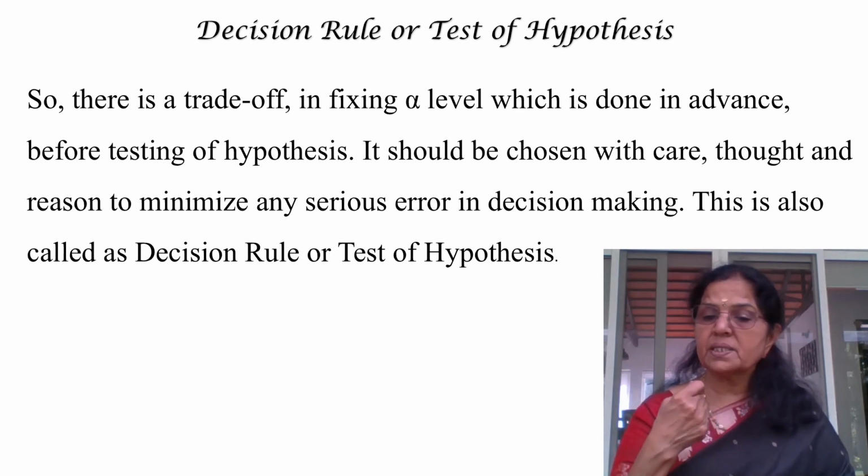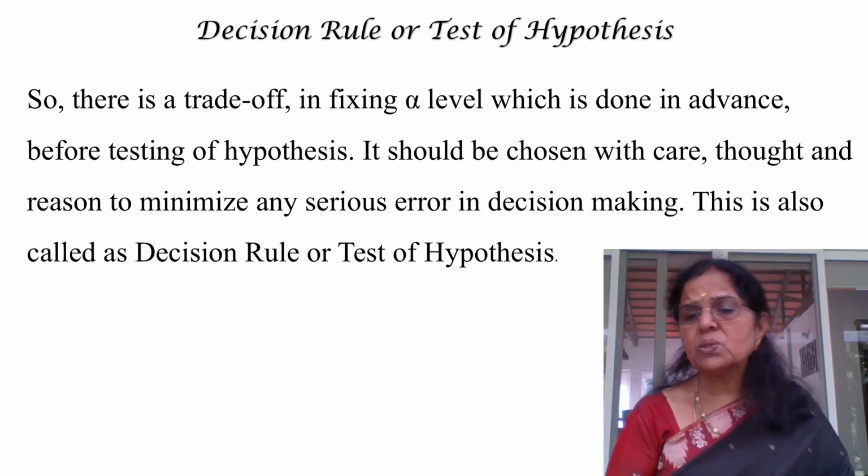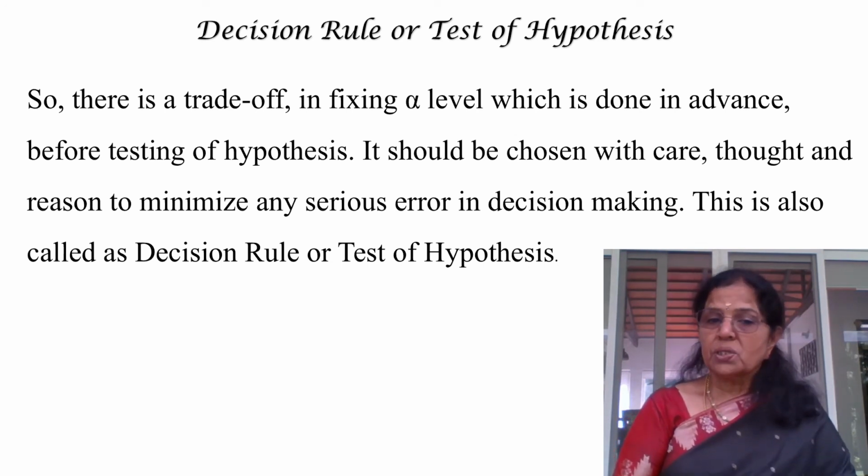If you increase the chances of type 1 error, then the chances of type 2 error will be reduced. And if you minimize the chances of type 1 error, then the chances of type 2 error occurring will be more. So always the level of significance should be chosen with care, thought, and reason to minimize any serious error in decision making. This is also called the decision rule or the test of hypothesis.